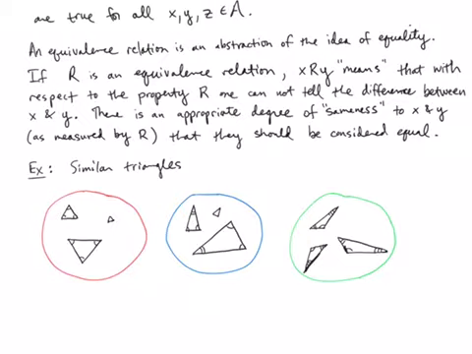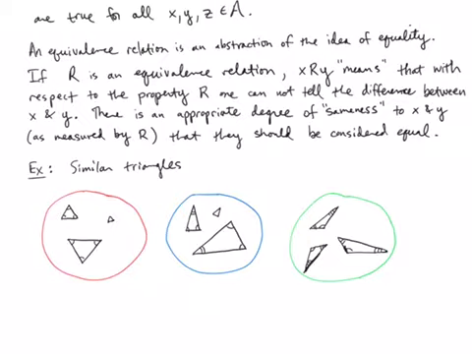So this notion of similarity says that even if you have one equilateral triangle that's big and another one that's small, in some sense these are sufficiently the same that you should ignore the difference between them that comes from the size and just focus on the overall shape of the triangle, the overall inclination of the sides to each other, and use that as your measure of sameness of the triangles.